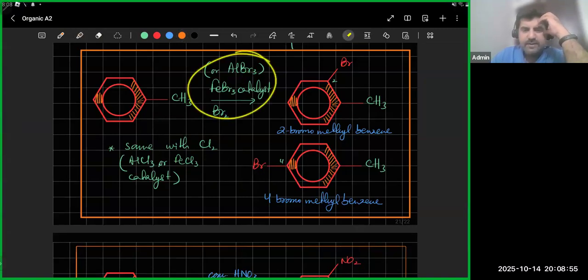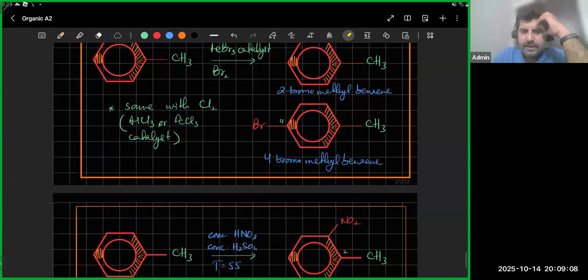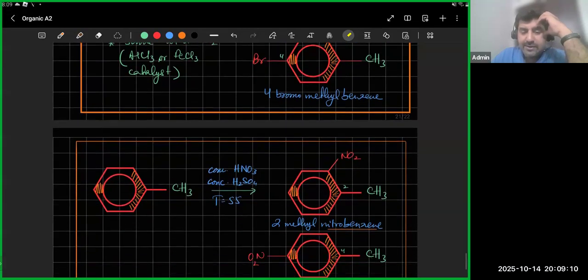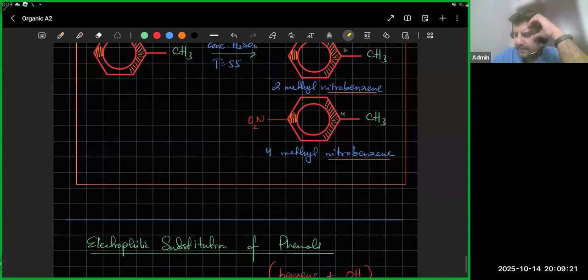Everything would be exactly the same, except that the electrophile Br+ would get attached to either position 2 or position 4. 6 is kind of the same. So then we did nitration. The conditions were exactly the same. All you had to be careful about was that the NO2 would get attached to positions 2 and 4. Okay, that was what we did.